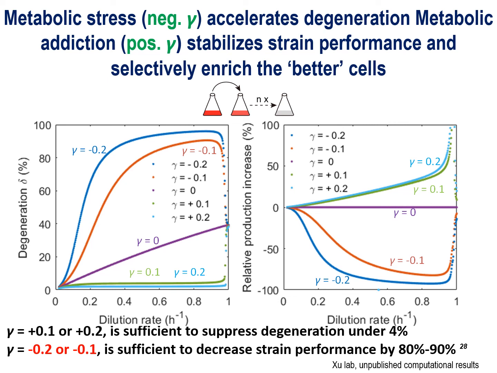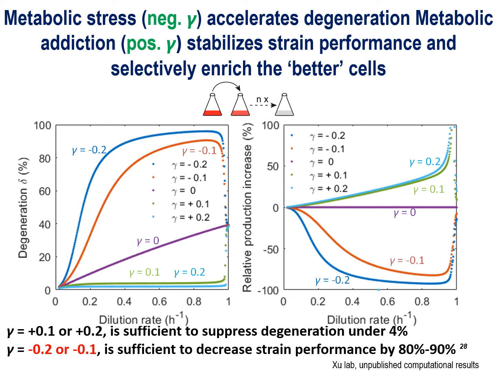At a dilution rate of 0.8, it can increase up to 40%, and all the way to around 50% and 80%. At the same time, if you have a metabolic burden with negative gamma, the cell will perform very badly. Around 75 or 80% of the production will be lost.